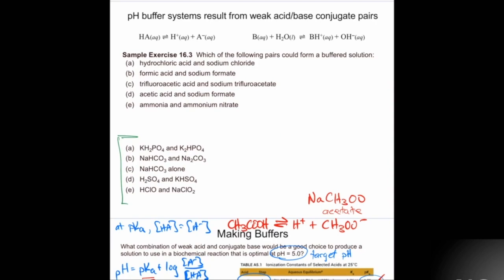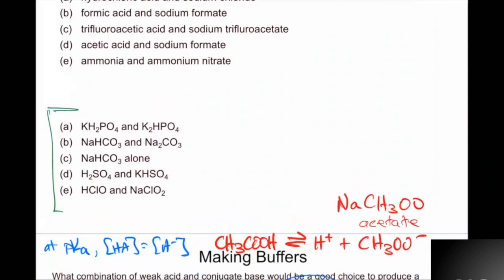So you have to look at what your equilibrium expressions are for weak acids or bases. If you have the components of that, then you'll be able to make a good buffer system out of it. So let's look at the first one. Who doesn't know what to evaluate? All right, so how do you evaluate these? Look, these are all going to be in aqueous solutions, so they're ionic compounds.